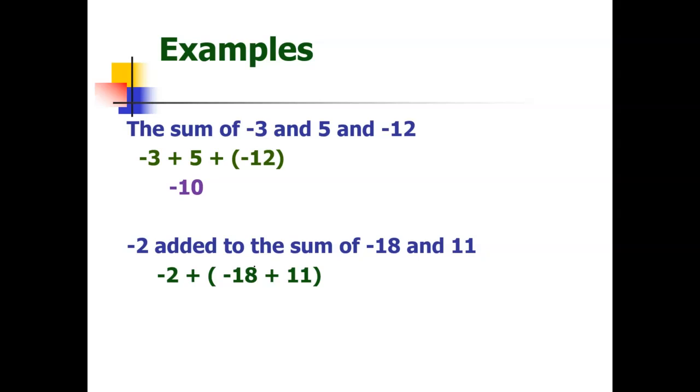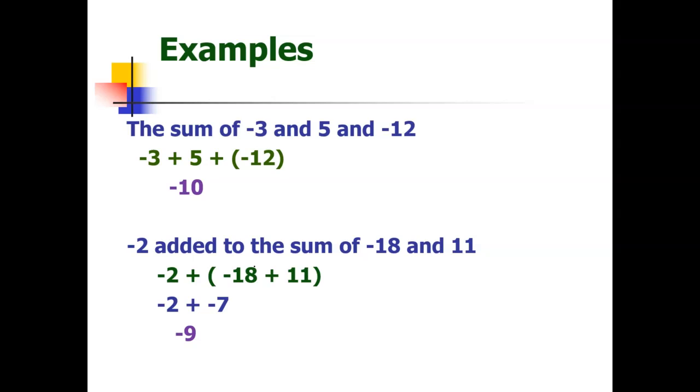Once again, you can remove the parentheses if you choose to. Negative 18 plus 11 will give me negative 7. Negative 2 and negative 7 should give you negative 9. Regardless, if you add negative 2 and negative 18, you will get negative 20. Negative 20 plus 11 still should give you negative 9.